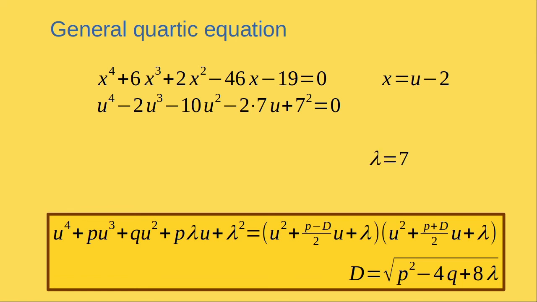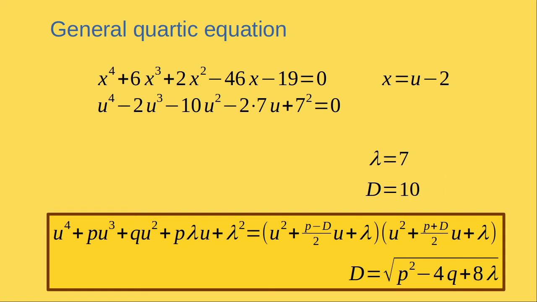Lambda is 7 and plugging this into the formula for d, we eventually get 10 for d.